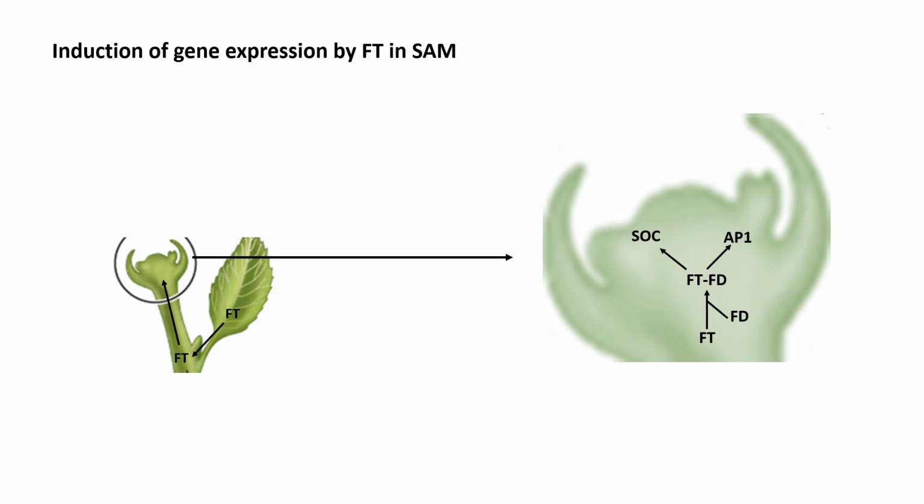The floral integrator and the floral meristem gene in turn activate downstream genes to specify the formation of flowering meristem and organs which will be dealt with in a subsequent module.